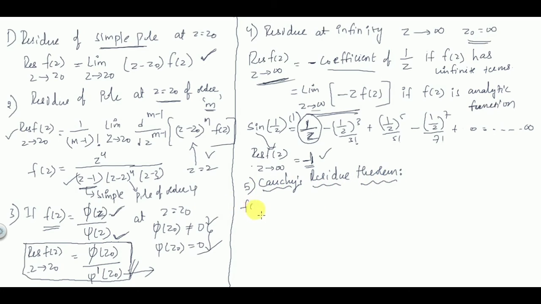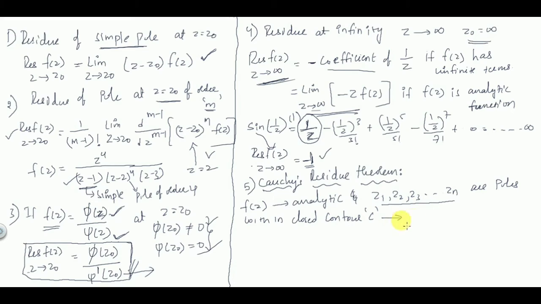So if f of z is an analytic function, and z1, z2, z3 and so on up to zn are poles within a closed contour C, and their corresponding residues are R1, R2, R3, and so on up to Rn.